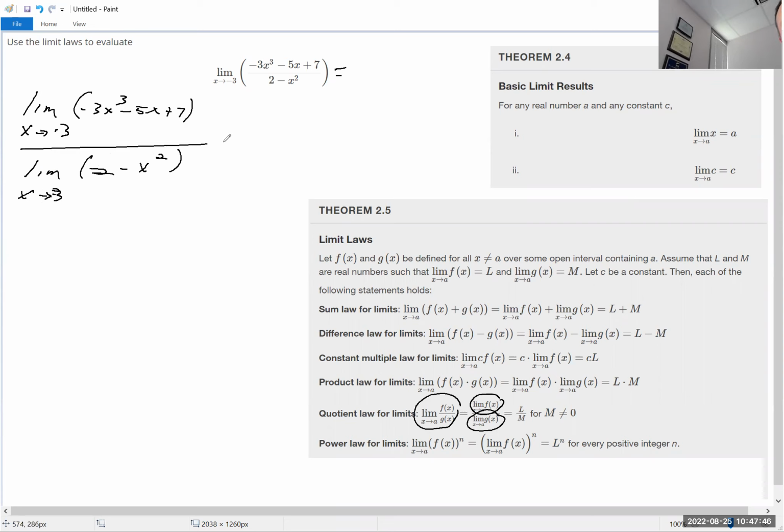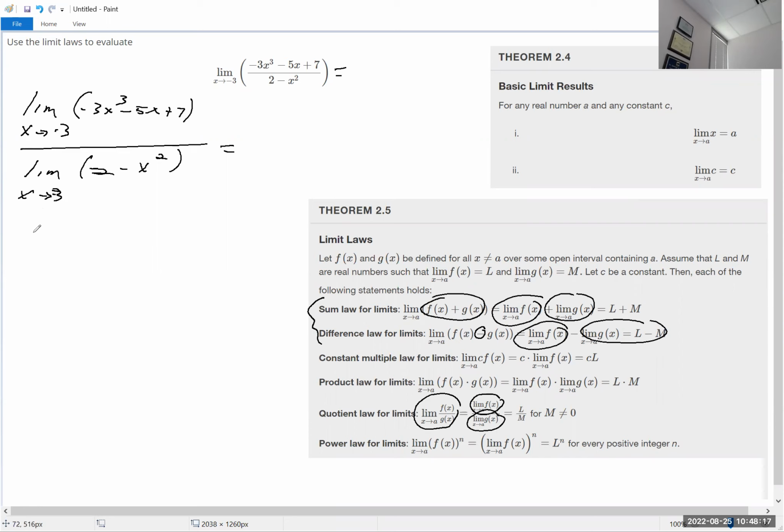All right, now we're going to go ahead and apply the difference law. Well, it's actually both of these, because what that's going to allow me to do is to break up anything that has a sum into 2 separate limits, and anything that has a minus into 2 separate limits with a minus sign.